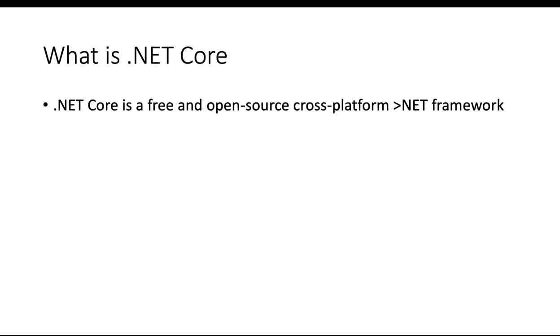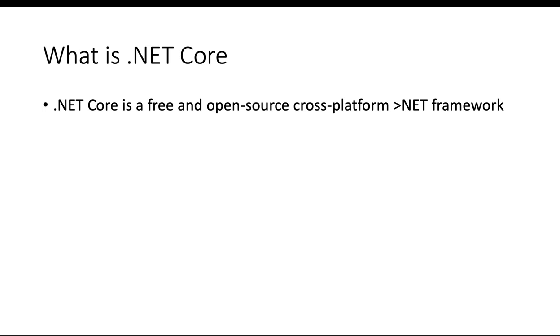Okay, so after the success of the .NET framework, Microsoft created .NET Core. .NET Core is a free and open source cross-platform framework. The .NET framework is actually a commercial product.